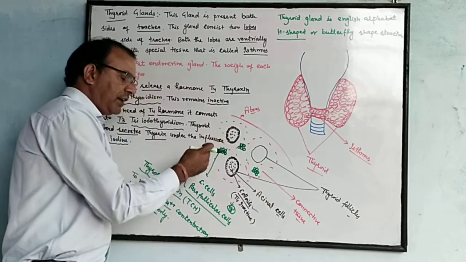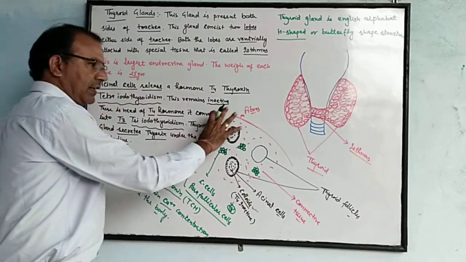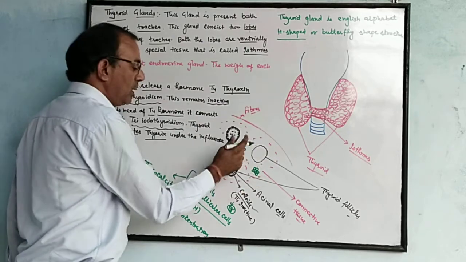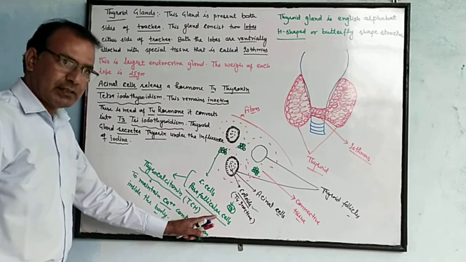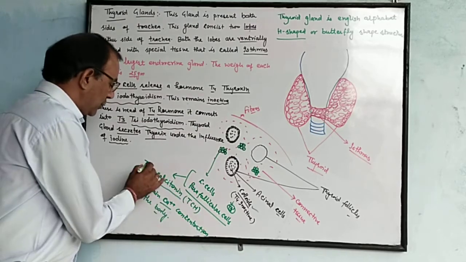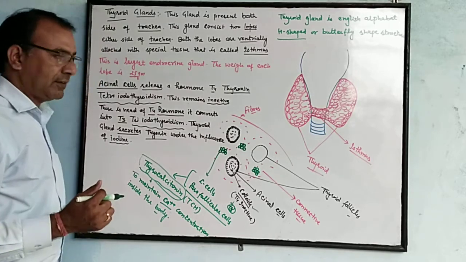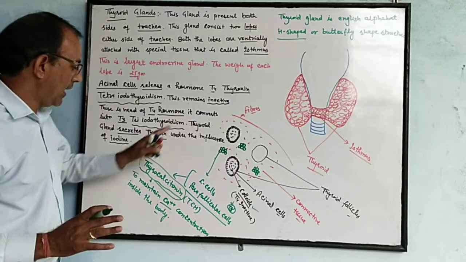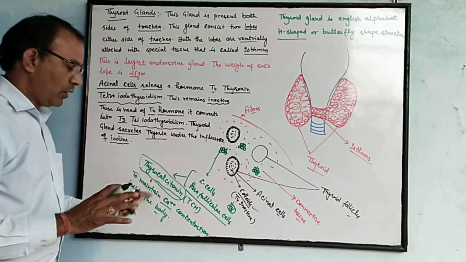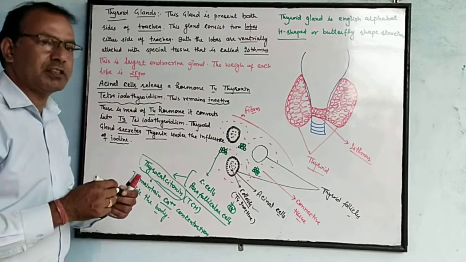When there is requirement, T4 changes into T3. The second type of cell is also present inside the connective tissue. Those cells are called C cells or parafollicular cells. These cells secrete another hormone called calcitonin. So we can say that the thyroid gland secretes two types of hormones, thyroxine and thyrocalcitonin. What is the role of thyrocalcitonin? It maintains the calcium concentration inside the body.